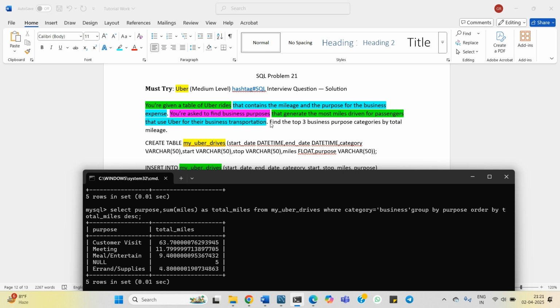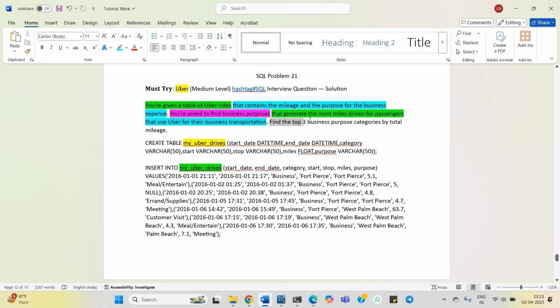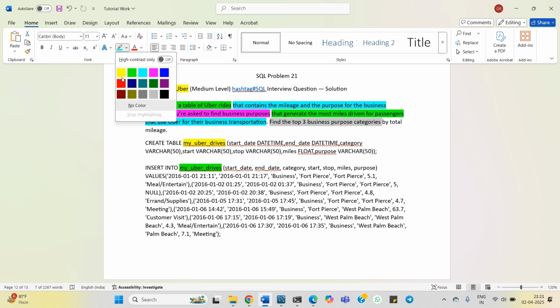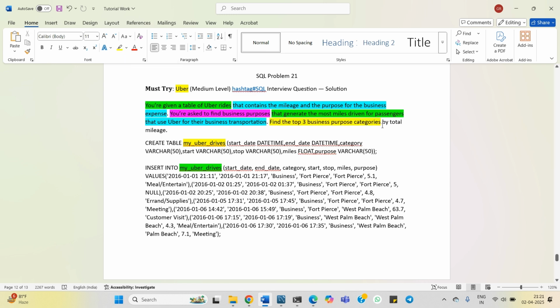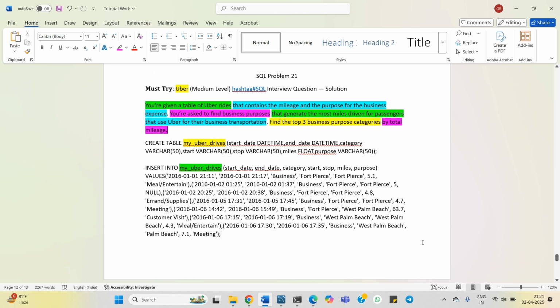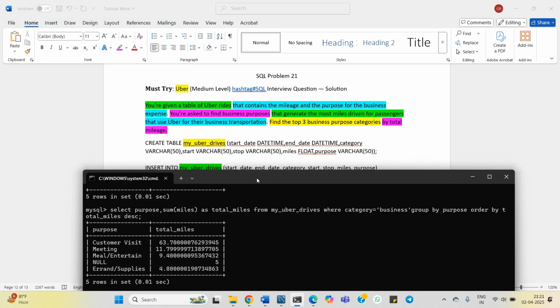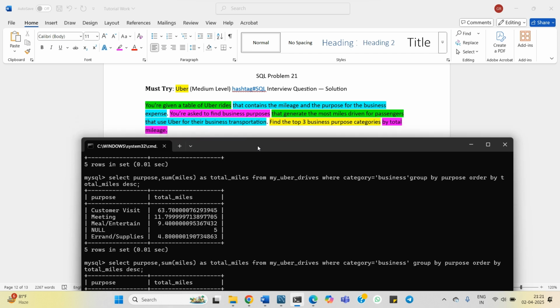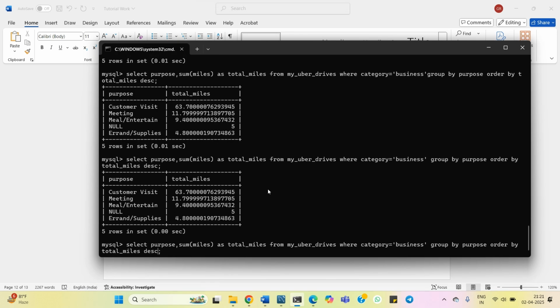In the next statement they have said to find the top three business purpose categories by total mileage. So we can just find the top three business purposes by mileage.